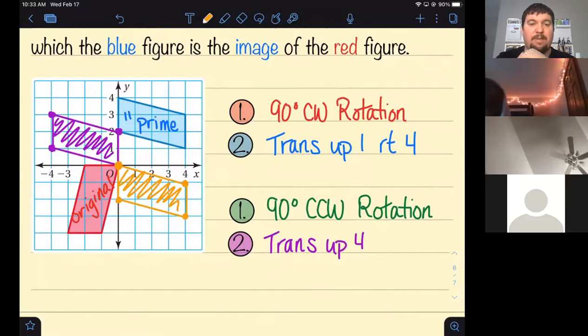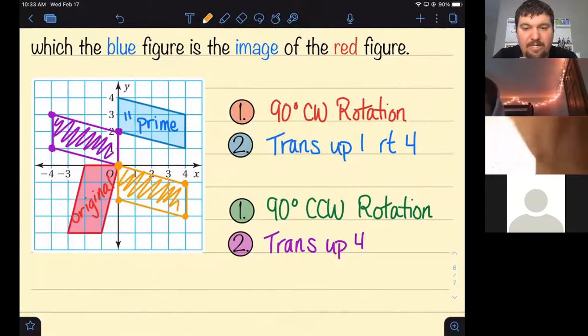But when you're looking at shapes like this, instead of trying to guess how far it was translated, it might not even be translated at all. If you know it's been rotated, start there. If you know it's been reflected, start there, and let the translation be the last one. So once I rotate it, then I can slide it to where I need it to go. So always let that translation be the last one.